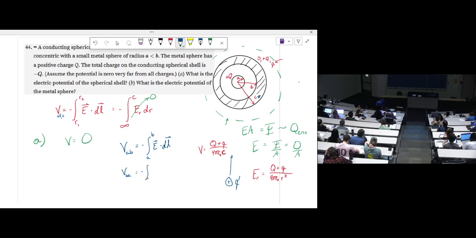Well, that would be minus the integral from B to A of E dot dl, or that's just equal to the integral from A to B. By taking the negative, we flip the limits of integration of E dot dl, and that's equal to minus VAB. Does that answer your question?